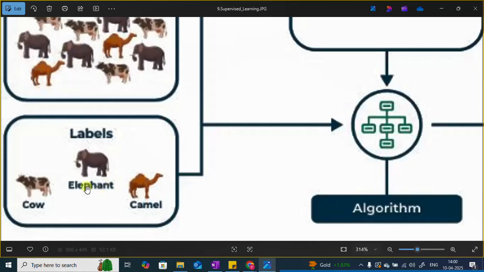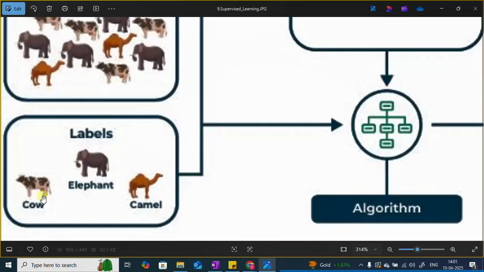That is called an elephant. Then a camel: a concave shape in the middle of the back, tall in shape, a long neck, obviously not a long trunk, and a sand color. That belongs to a camel.